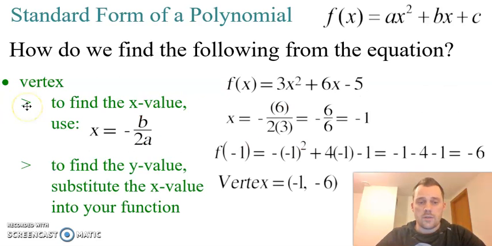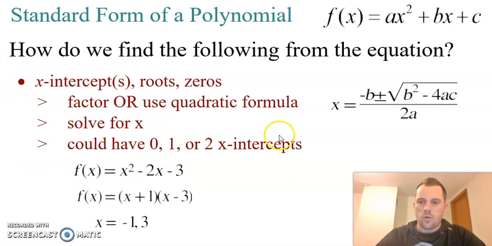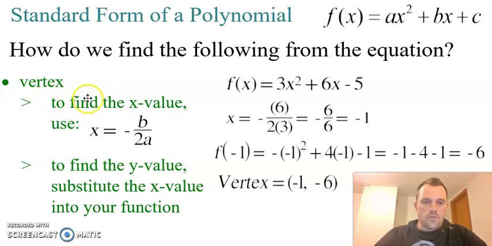For our vertex, well, we take negative b over 2a, which is part of our quadratic formula. It's this negative b over 2a right here. So to find the x value in our vertex, we use x equals negative b over 2a. So we take the a and b value in our equations and plug those in to find x.